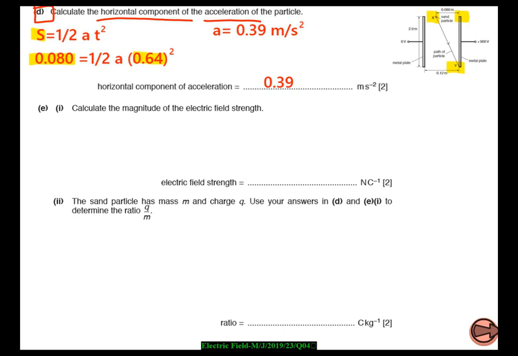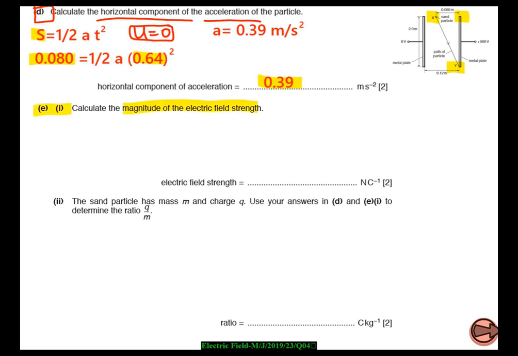And we have found the value of the horizontal acceleration. So this is our final answer. So let's move on to part E now. Part E1 is asking us to calculate the magnitude of the electric field. To calculate the magnitude of the electric field, we need to understand the uniform electric field.